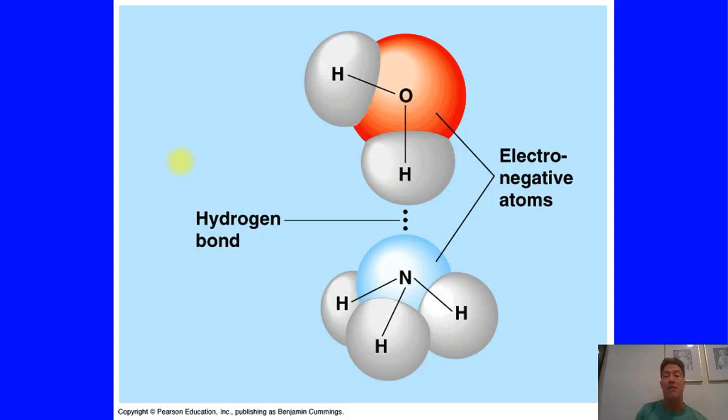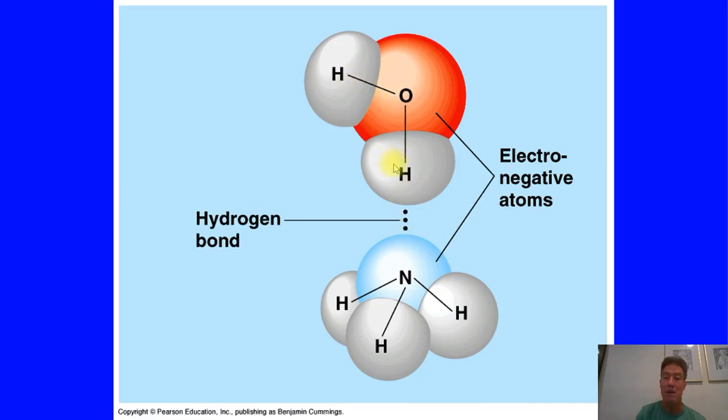So here's an example of it. This is the electronegative atom, right? The oxygen and the nitrogen. This makes a partial positive on the hydrogen, and that hydrogen can get very, very close to this nitrogen, and that proximity creates a strong intermolecular attraction known as a hydrogen bond. It's not a covalent bond.